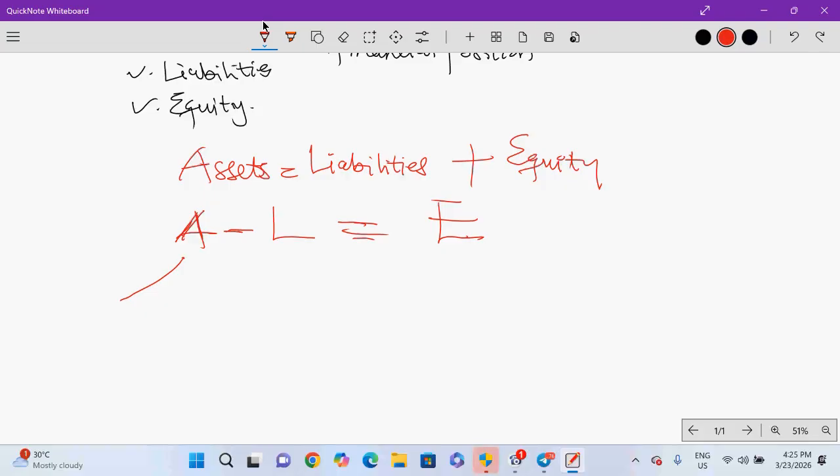We have assets. How many types of assets do we have? They have been grouped into two. What are they? Non-current and current assets.